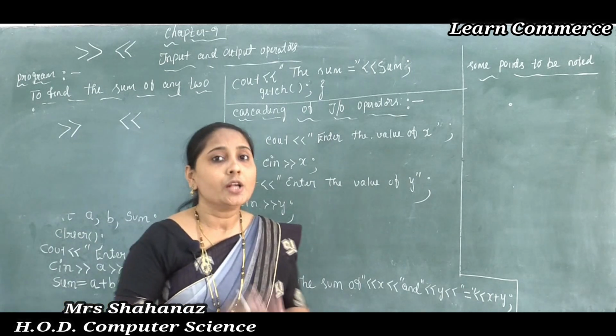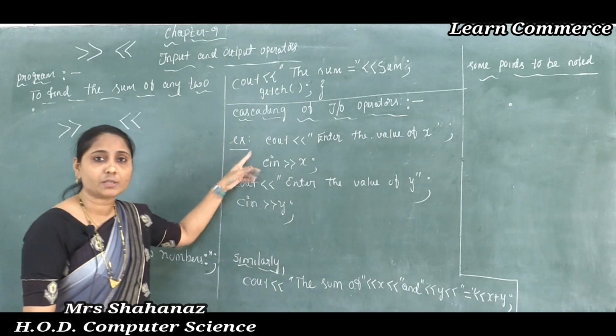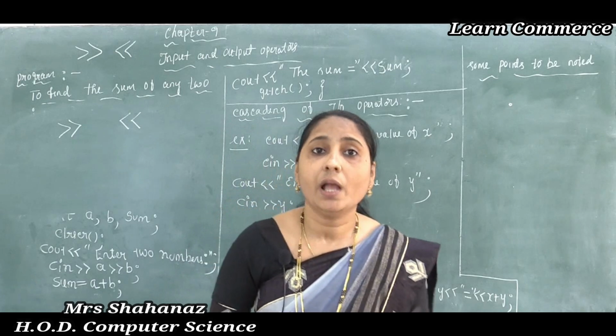Clear this point here? Whatever I said here is a very important concept for 5 marks, maybe 2 marks or 1 mark, the cascading of input and output operators.